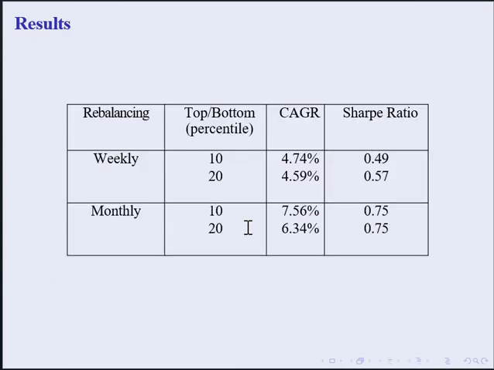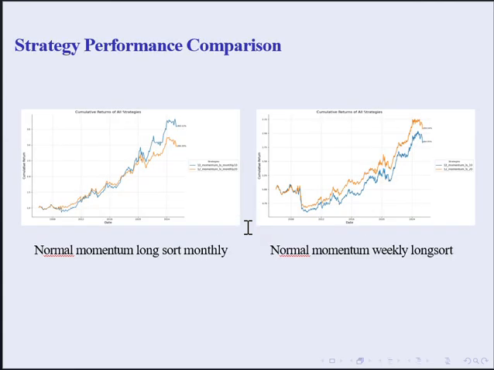You can clearly see in the table that monthly 10% stocks give the highest CAGR 7.56% and highest Sharpe ratio 0.75. You can see in the plots also, in terms of cumulative return, the monthly 10% long short portfolio is giving the highest CAGR, highest return.